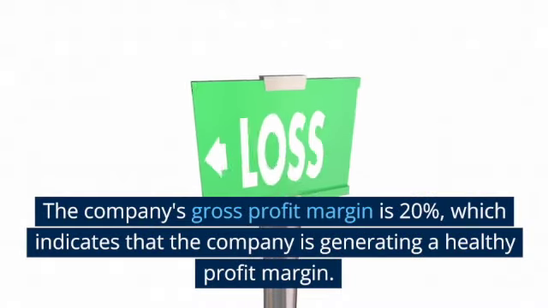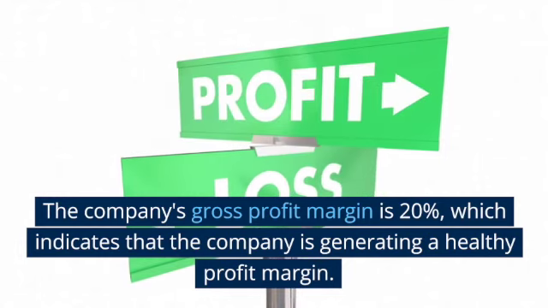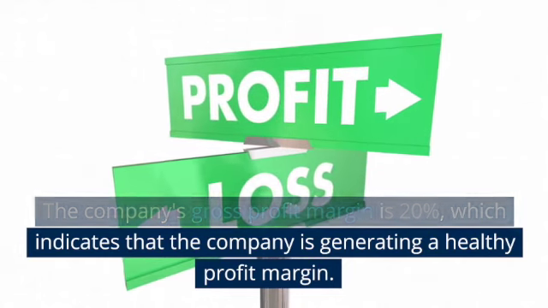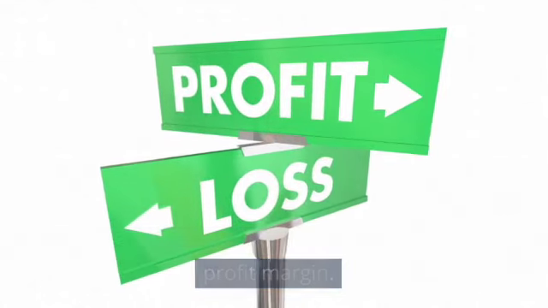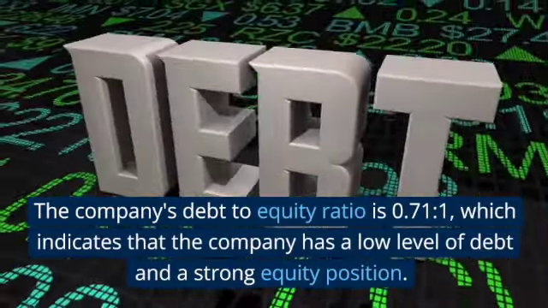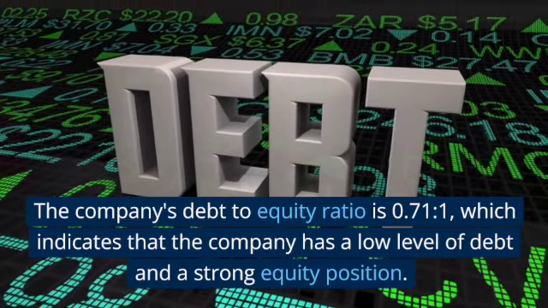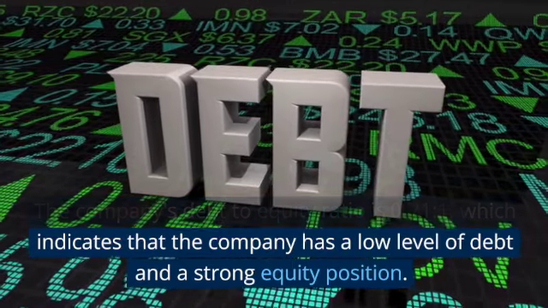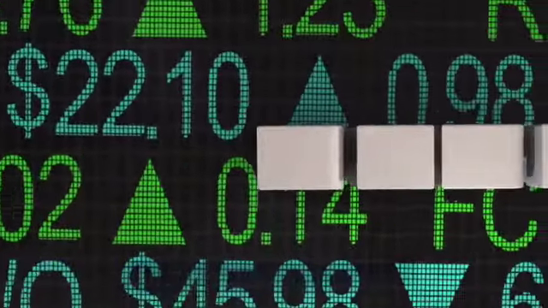The company's gross profit margin is 20%, which indicates that the company is generating a healthy profit margin. The company's debt-to-equity ratio is 0.71:1, which indicates that the company has a low level of debt and a strong equity position.